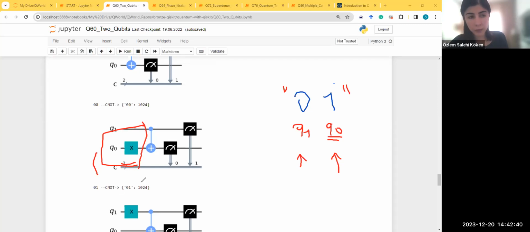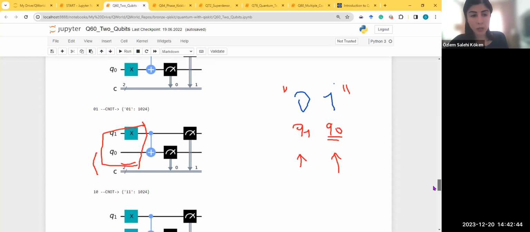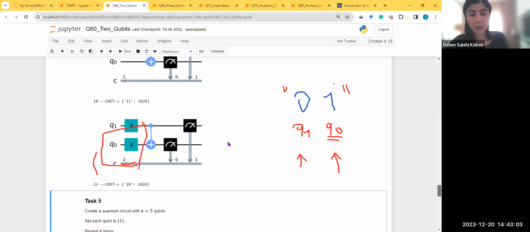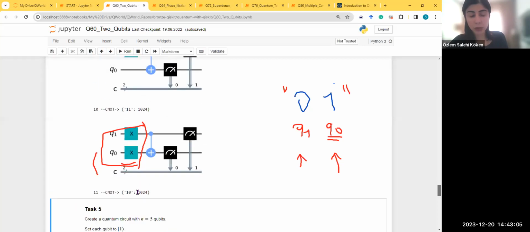Nothing is happening again. But now, if the input is 1, 0, see here we have a NOT, so this becomes a 1. Now this is 1, 0, and if we apply CNOT, then the output is 1, 1. Similarly, if the input is 1, 1, then the output is 1, 0.